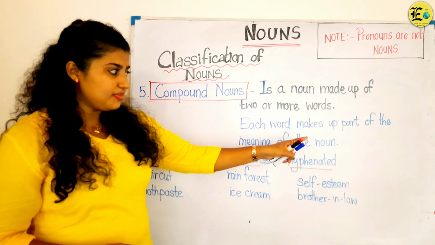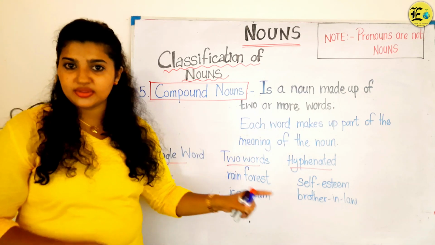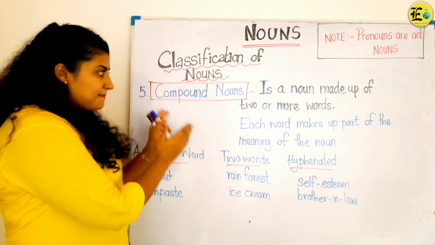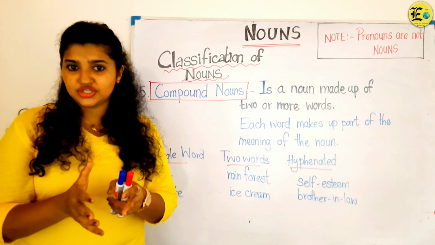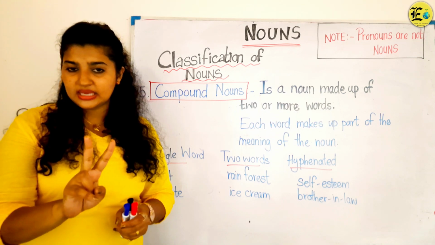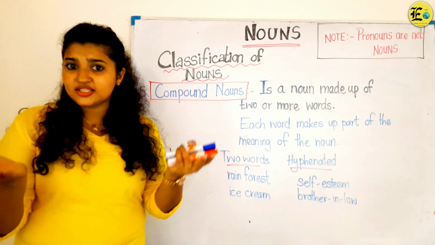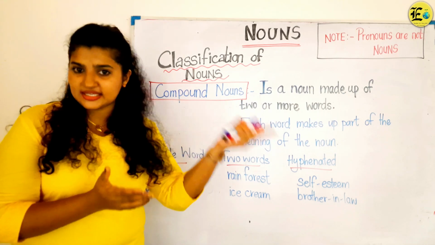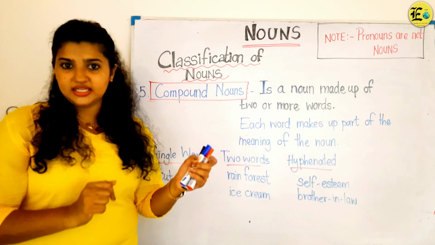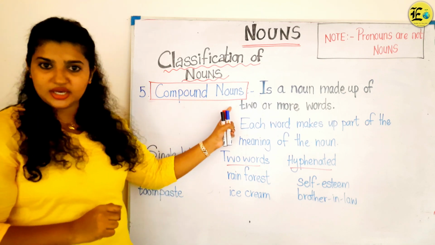Each word makes up a part of the meaning of the noun. That means a compound noun is a combination of 2 words. At the end, the 2 individual words combine and end up as a noun, and that particular noun is known as a compound noun.